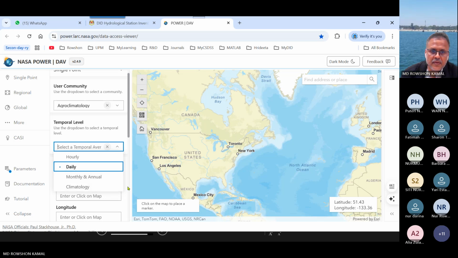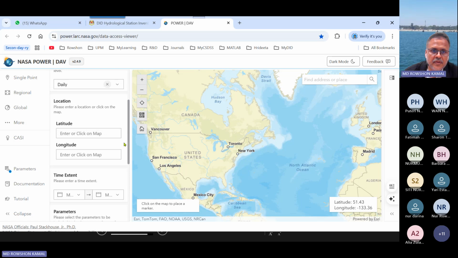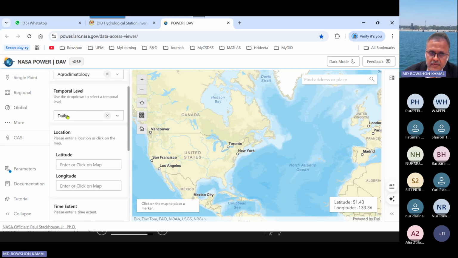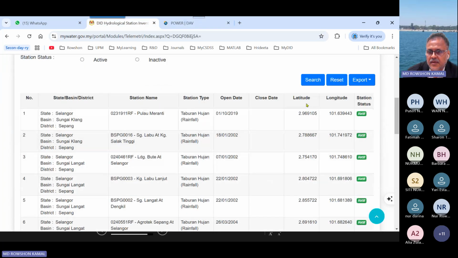The next one is location. Location is latitude and longitude. If you know your latitude and longitude, for example, last time I showed you the station name, and you can see the latitude and longitude from the station.